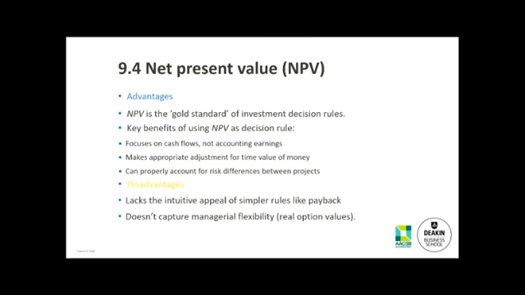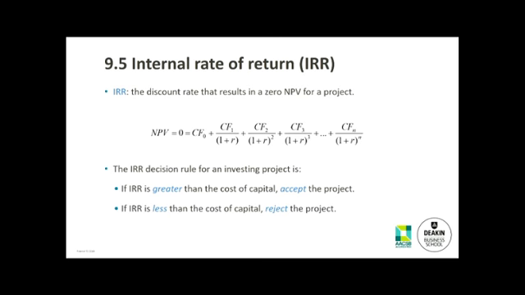Okay. Now, let's move to our fifth method, a percentage measure. Internal rate of return. This method is very easy to understand. Generally speaking, please look at the equation here. This is your NPV method, right? Your NPV equals the difference of your initial investment and the present value of all of your future cash flows.